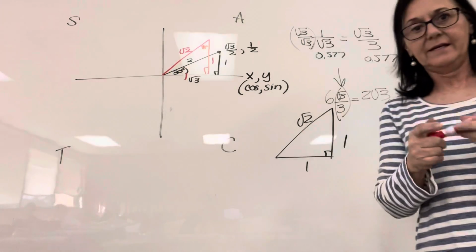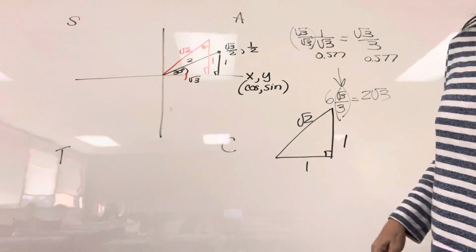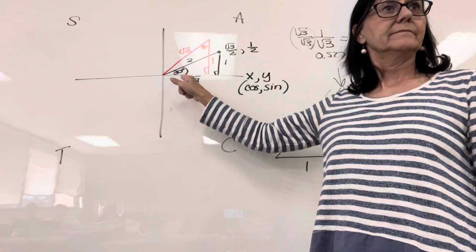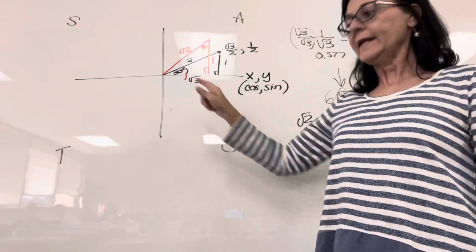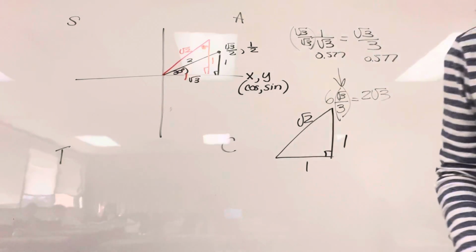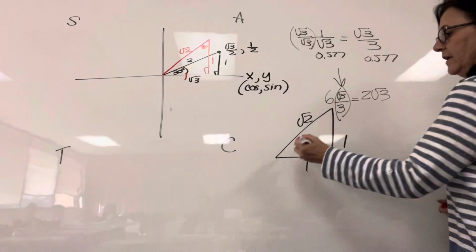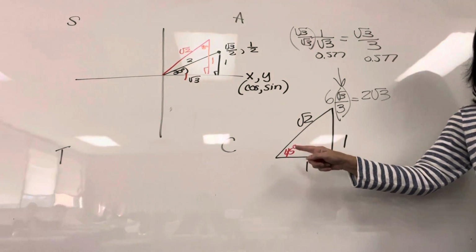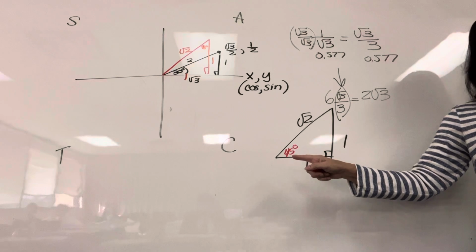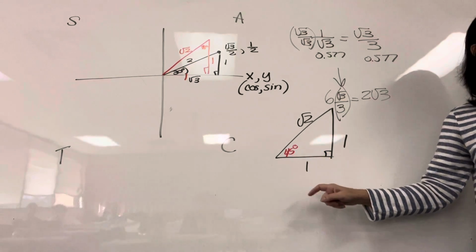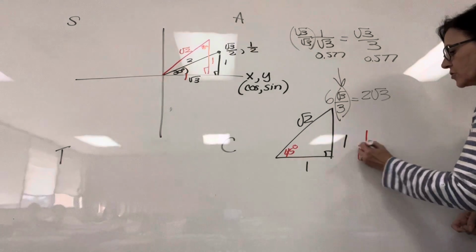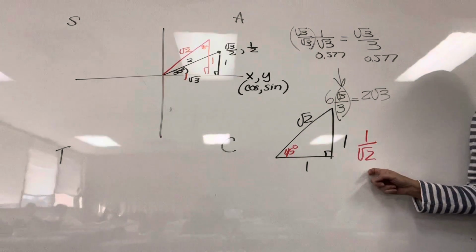So looking at the red triangle, with this being the 45-degree angle, what is the cosine? It's adjacent over hypotenuse. What's the adjacent? 1 over square root of 2. But do we leave that radical in the denominator?